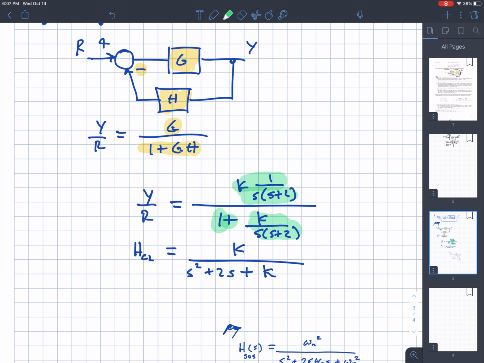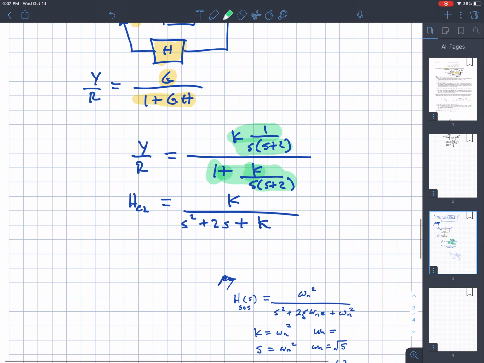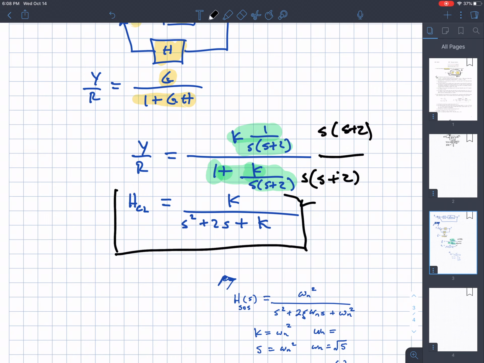And so we get this algebraic expression for the transfer function that we can simplify. I would simplify that by multiplying S plus 2 on both the top and the bottom. When you do that, that simplifies to this form for the closed loop transfer function.